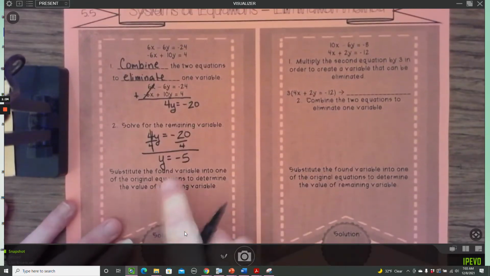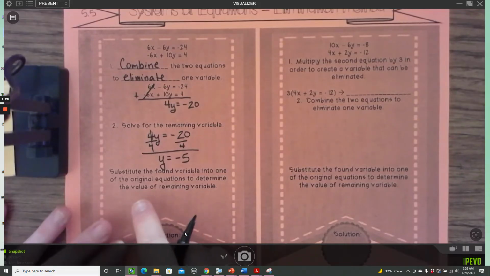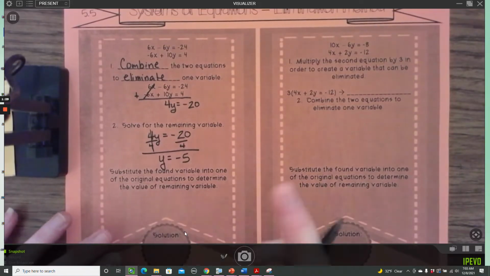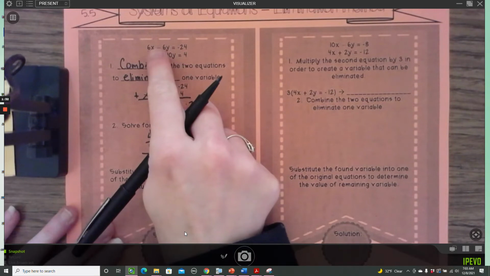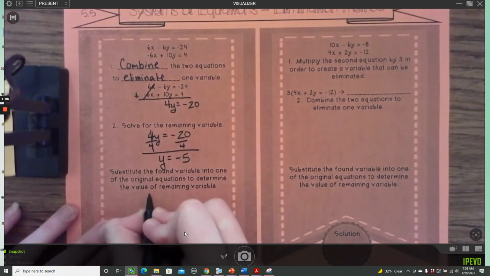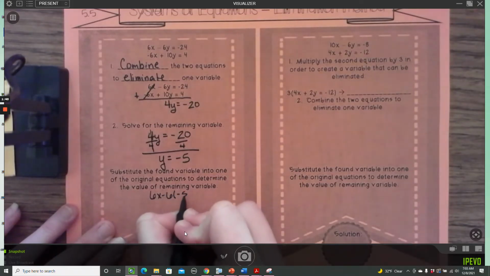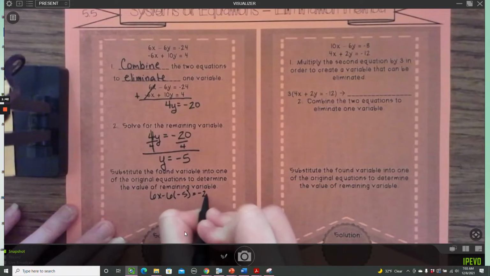And then we substitute the found variable into one of the original equations to determine the value of the remaining variable. So I'm just going to take this top equation here, and instead of y, I'm going to use a negative 5. So 6x minus 6 times negative 5 equals negative 24.